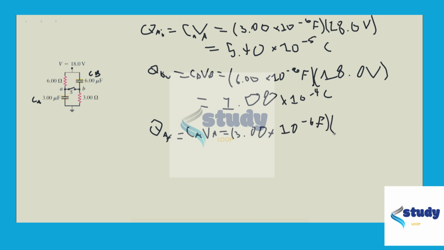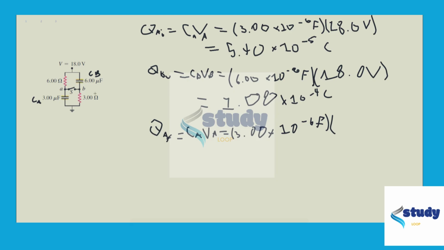Now here you have to watch out. Because the circuit is closed, there's now a voltage drop across these resistors. We've already found that the voltage drop across this one is 6 volts. The voltage drop across this one is going to be 12 volts, because you have 18 volts.